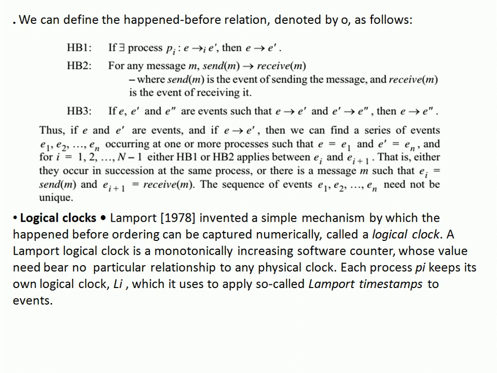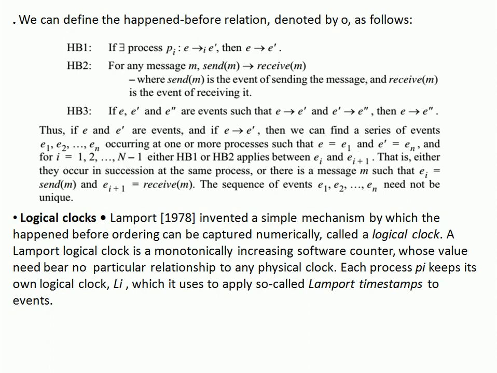Now, logical clocks. Lamport invented a simple mechanism by which the happened-before ordering can be captured numerically, called a logical clock. A Lamport logical clock is a monotonically increasing software counter whose value need bear no particular relationship to any physical clock.